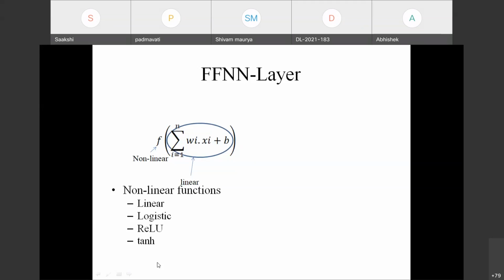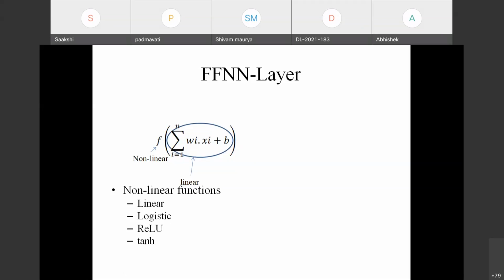We will see each activation function in detail, and after seeing the functionality of each one, it will be very clear which of these should be used in which particular scenario.